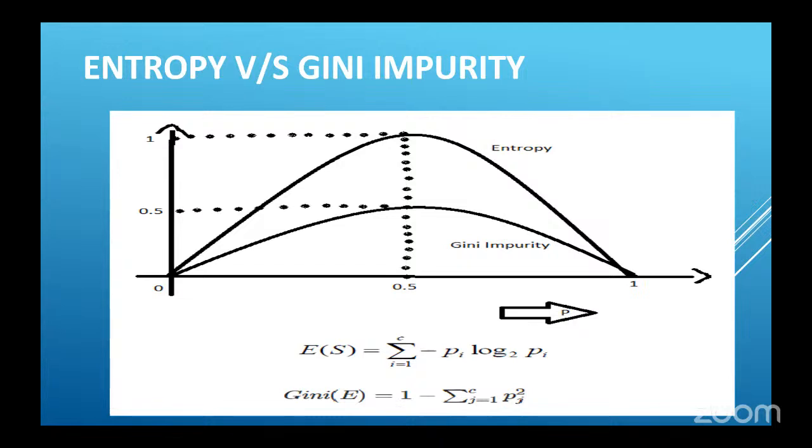The high value for entropy is more when compared to Gini impurity, because in entropy we are using different logarithmic values. We have to use the probability values with logarithms and we have to justify the misclassification index.